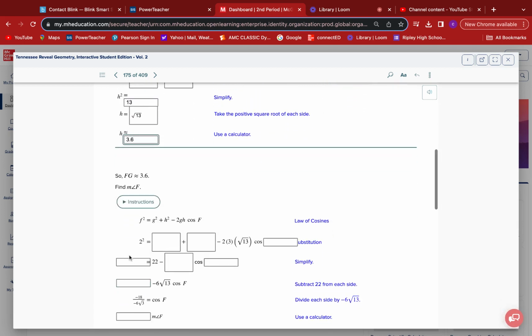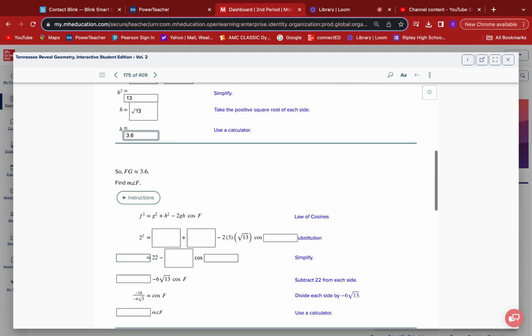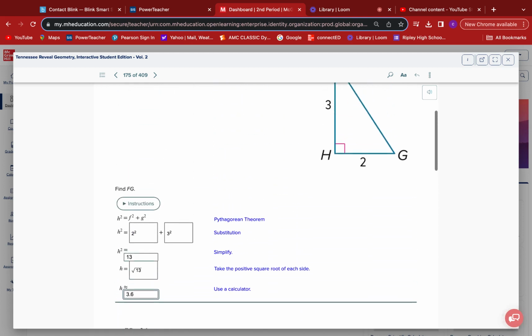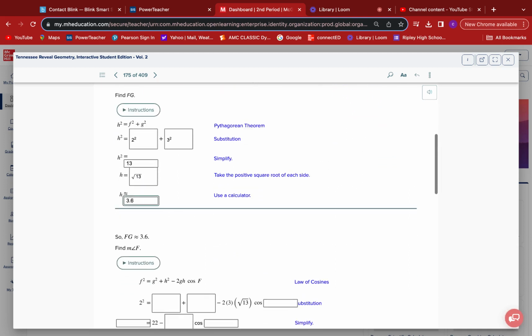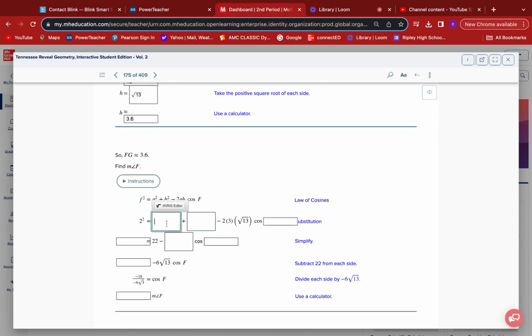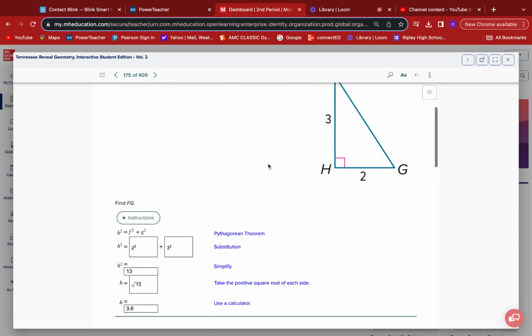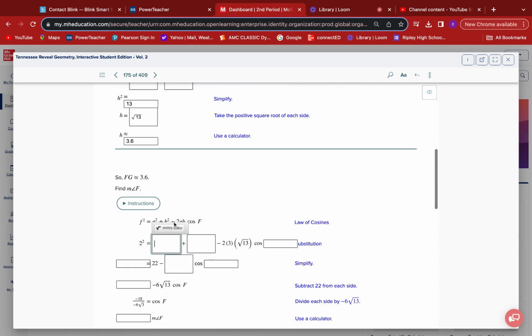All right, got it. We're using the law of cosines to find angle F. So I'm looking for this angle. It is across from little f, which is 2. All right, here it goes. So 2 squared is, let's see, G squared is 3 squared.